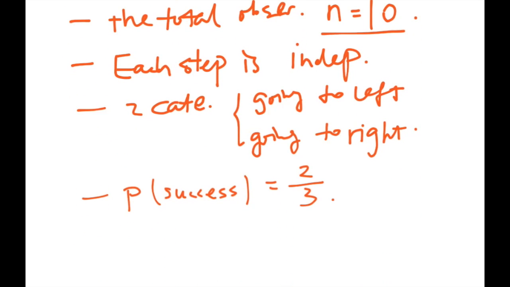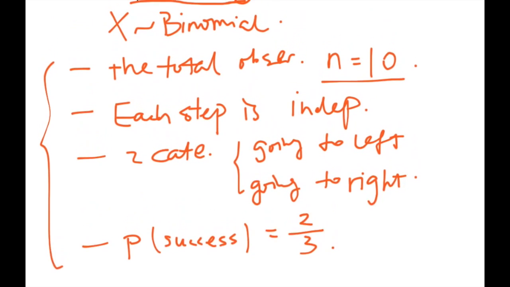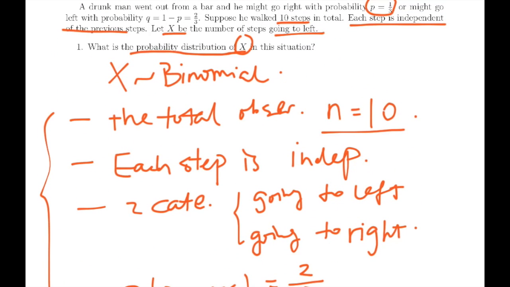So we can see that all four criteria are satisfied in this setting, so we can conclude that this X has a binomial distribution with n total observations, and the success probability is equal to the probability of going to the left, that is q, equal to 2/3.